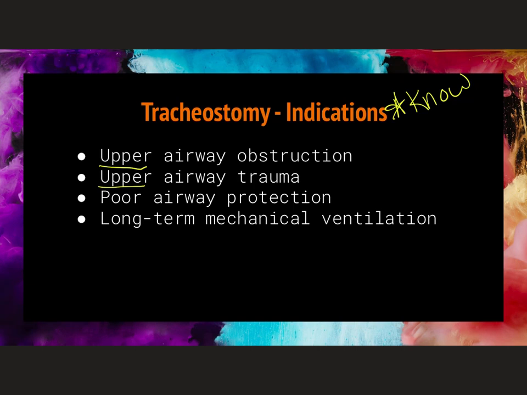So they'll do a swallow eval, and then you determine they're unable to protect their own airway. At night, if they go apneic because those tissues aren't as elastic as they were when they were younger, and it just obstructs that airway, and they can't keep a patent airway, they may be a candidate for a long-term trach.